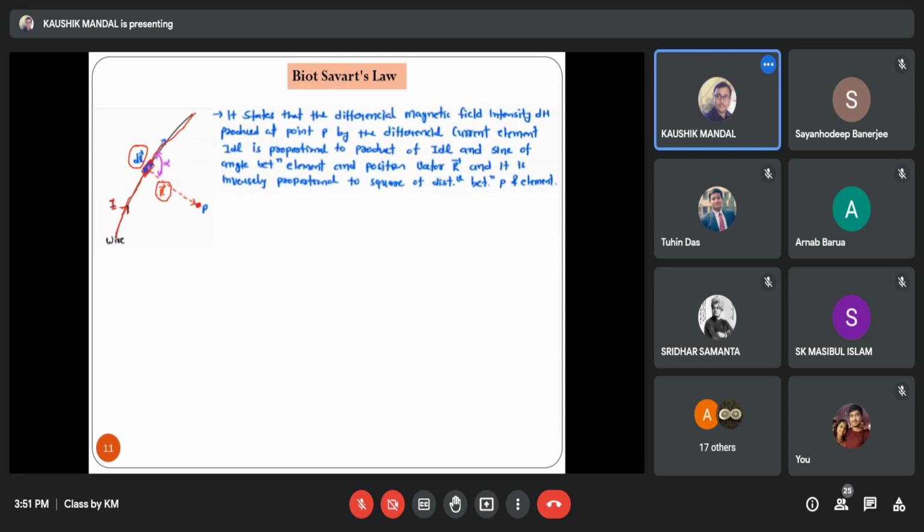Now, to calculate that, we need to know the angle between this position vector and the unit vector to this differential length. What will be the unit vector to this differential length? That is basically the normal to this surface. And we are considering that the angle between this position vector and the normal to this differential length is alpha.